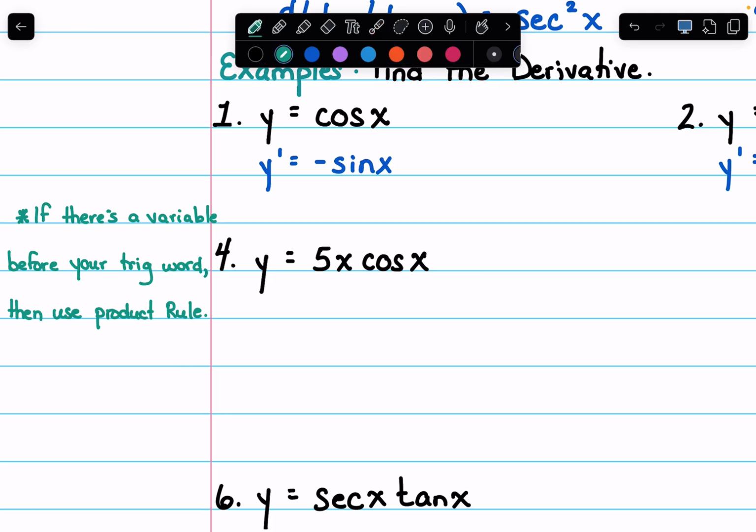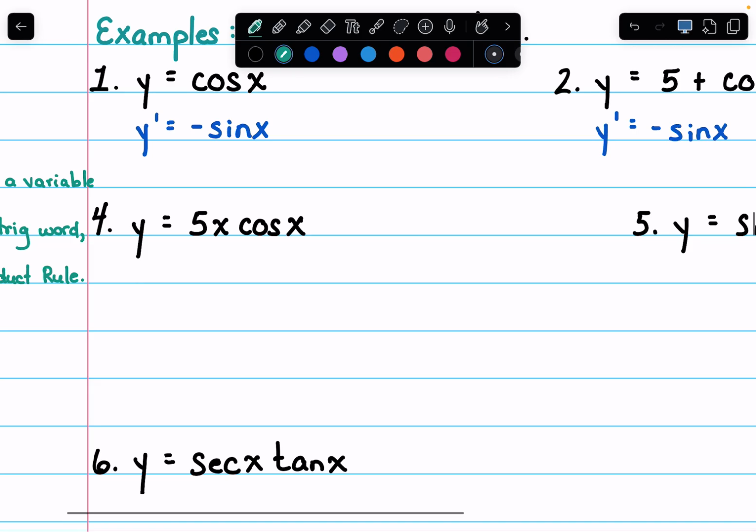So if we did the product rule, we would have 1, d1, 2, d2. So 1 would be 5x, and 2 is cosine x. So we'll take the derivative of both of those. What's the derivative of 5x? And then the derivative of cosine?